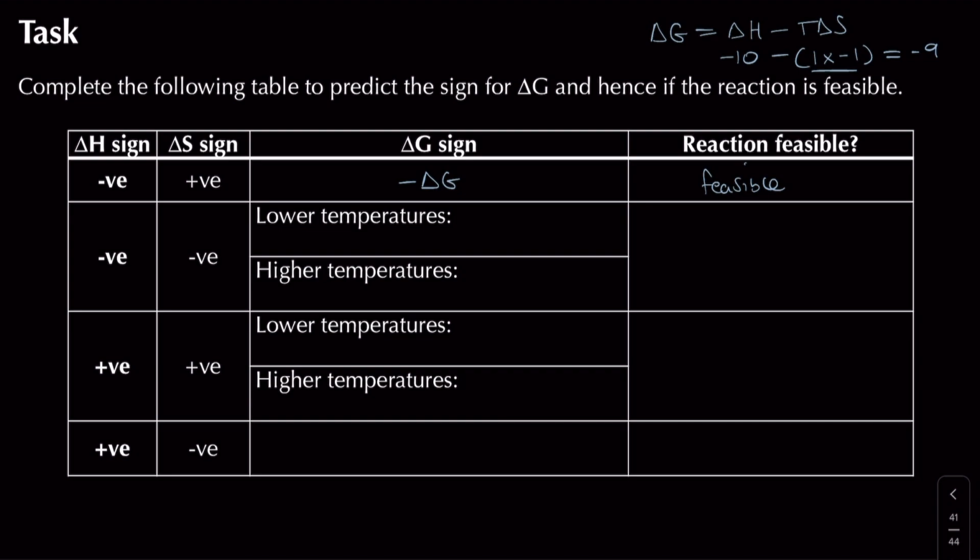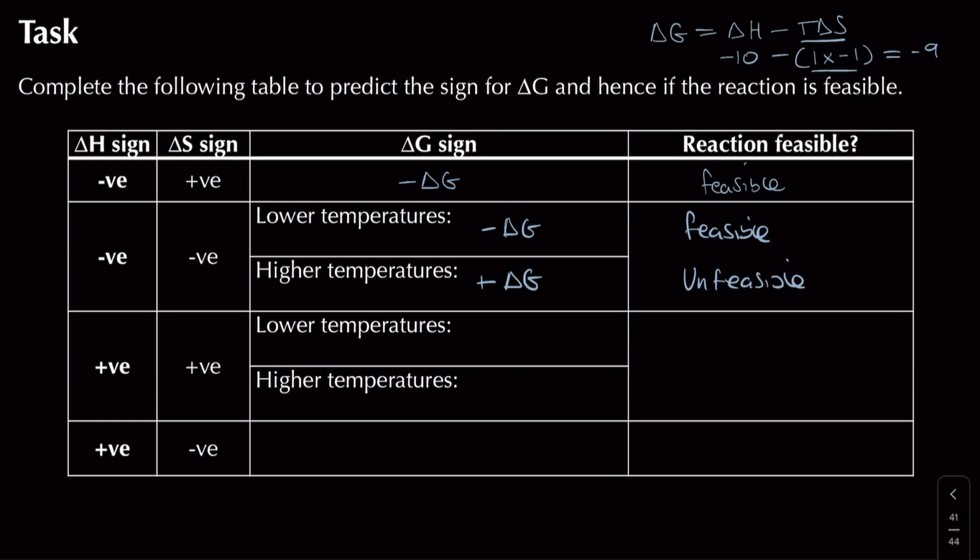So it starts off negative, yes. At lower temperatures delta G is going to be negative and the reaction would be feasible, but when temperature increases, eventually the T delta S term is going to override the delta H value, and so at higher temperatures we end up with a positive delta G, and the reaction is not going to be feasible.